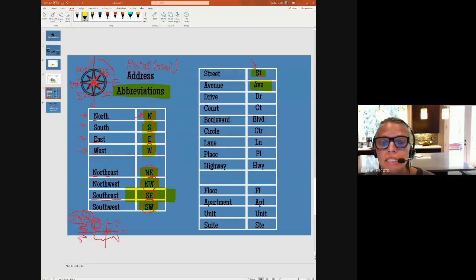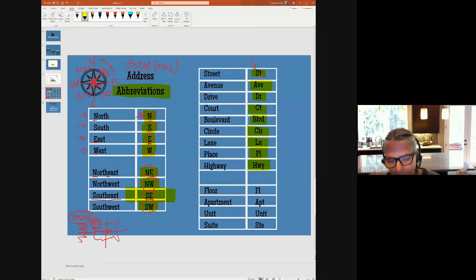Drive, DR. Court, CT. Boulevard, BLVD. Circle. Lane is LN. Place, PL. Highway.